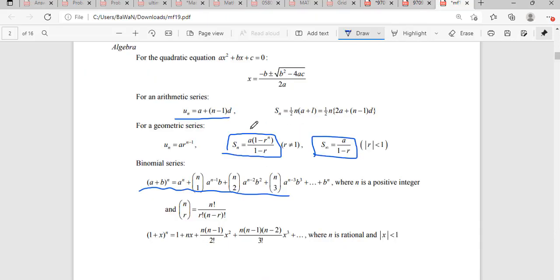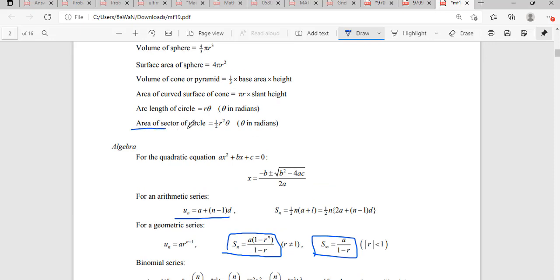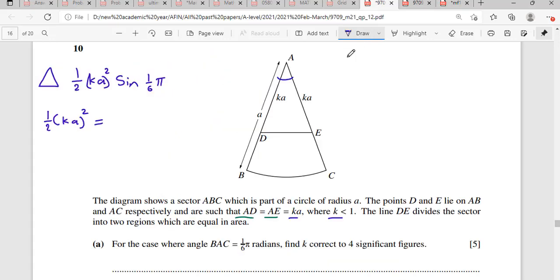The rule of area of sector, it should be here. Yeah, area of sector is 1 over 2 r squared theta when we work in radians. So area of sector is 1 over 2 r squared theta.